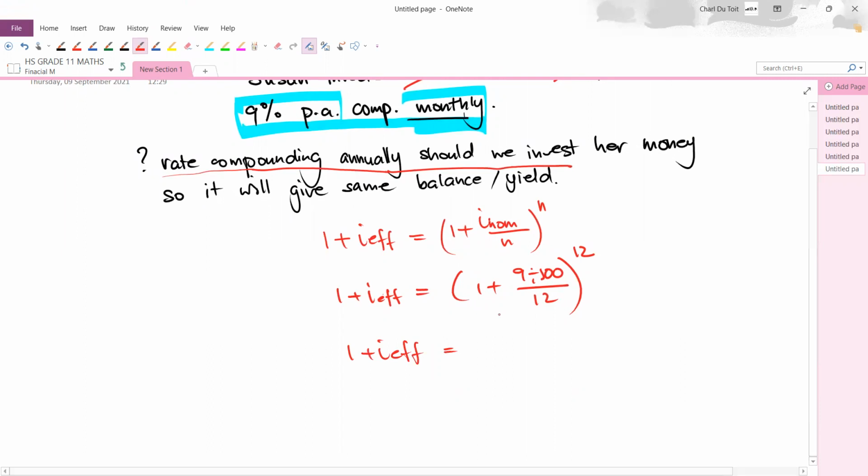This is 1.093, 1.0938. I'm going to subtract 1 and times by 100 to get the percentage. 9.38. That's the percentage.